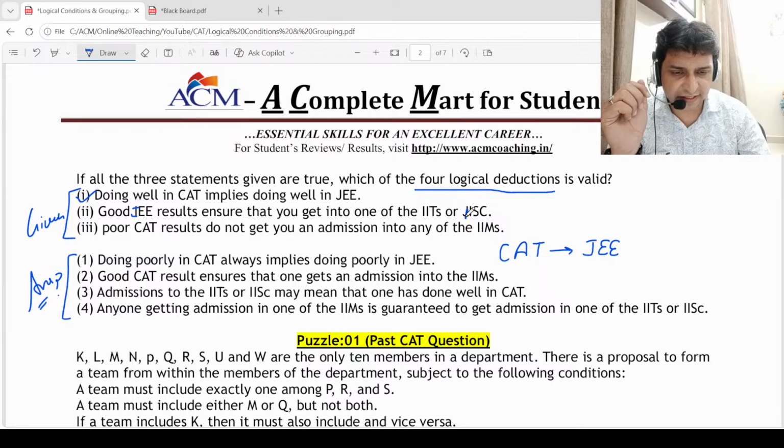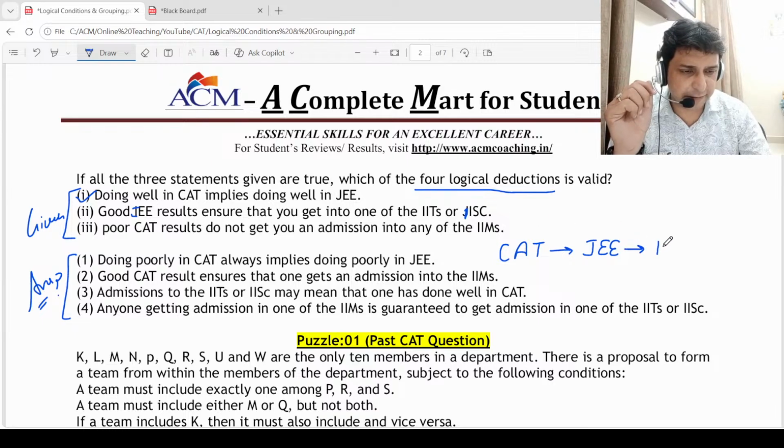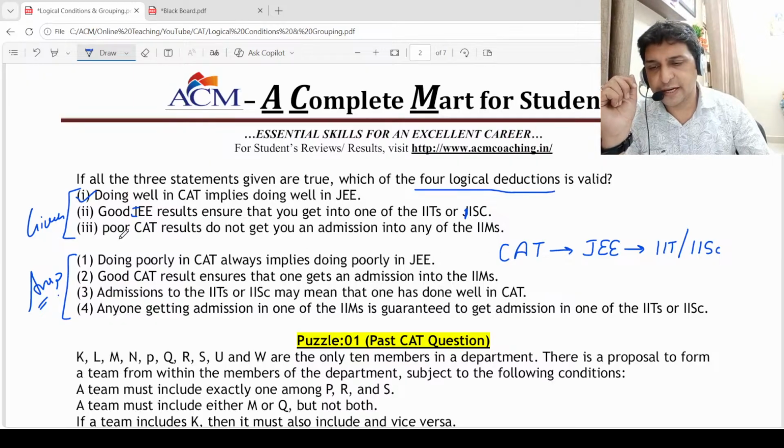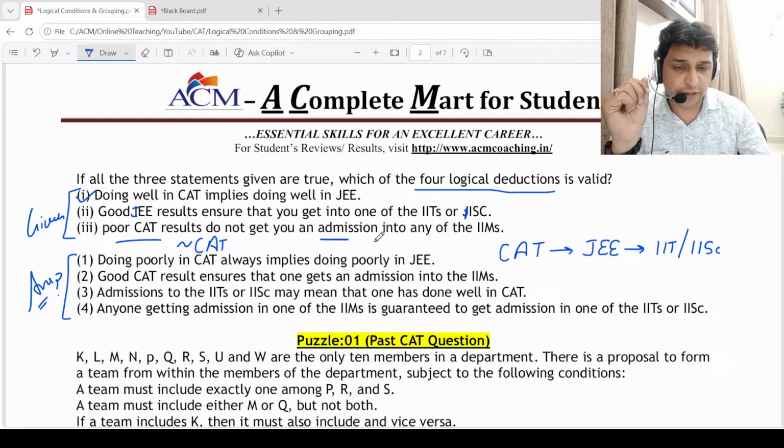It should be IISC, I believe, some printing issue. So if JEE is good, that means one will get admission into IIT or IISC. Now, poor CAT results mean that if CAT is not going well, you will not get admission into IIMs. So IIM will not be given to you.